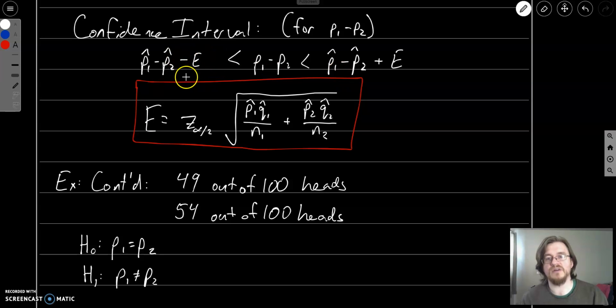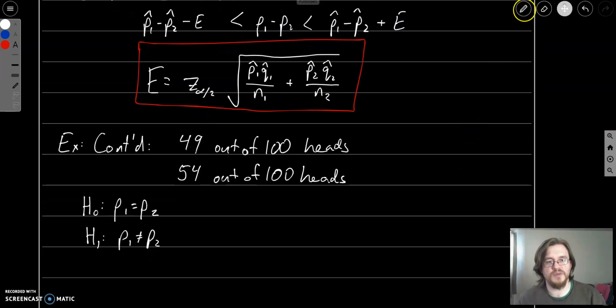And this is going to be our range here. But what error are we going to add? Well, we have to come up with our critical z-score, just like for confidence intervals that we saw in the previous chapters, and then we'll multiply by this factor here, which has to do with the individual samples that we've seen.